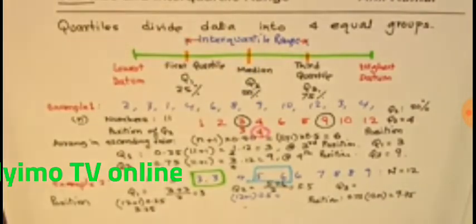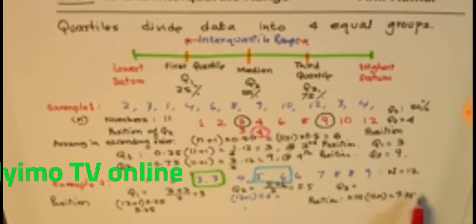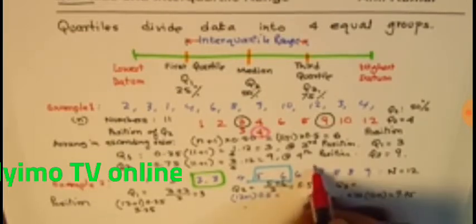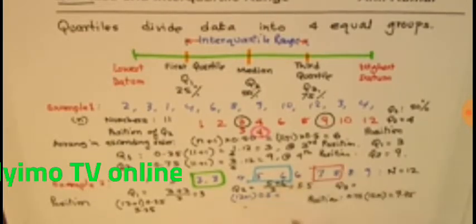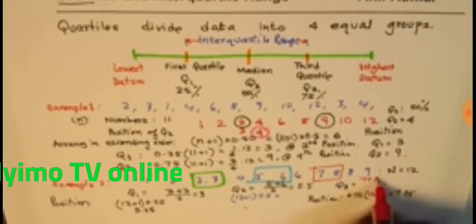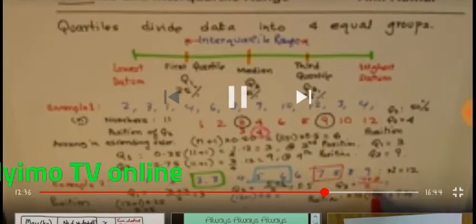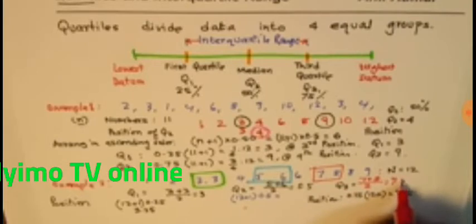That means we are looking for a number whose position is between 9 and 10. 1, 2, 3, 4, 5, 6, 7, 8, 9, 10. Between these two numbers, 7 plus 8, the average of these two gives us the answer, which is 7.5. Do you get an idea?